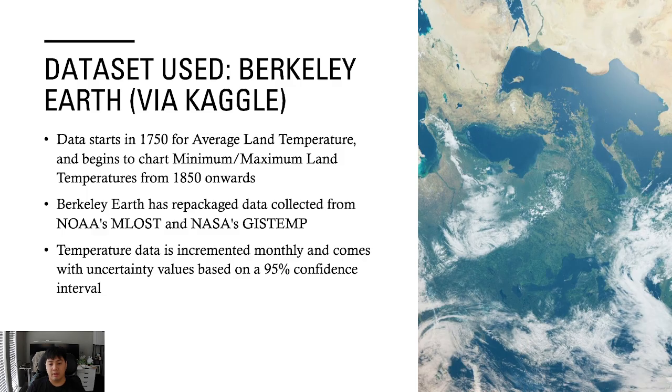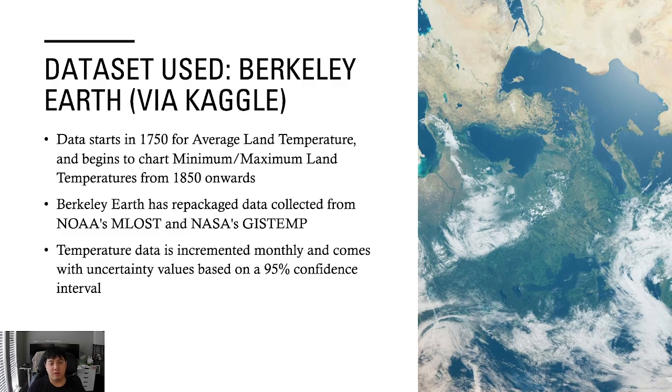And from that point on, the temperatures are also recorded monthly. And not only that, they start including uncertainty values, which is going to be helpful for this analysis because they're basing this data set with uncertainty values on information that is run through a 95% confidence interval, which tells us about the reliability of this data.